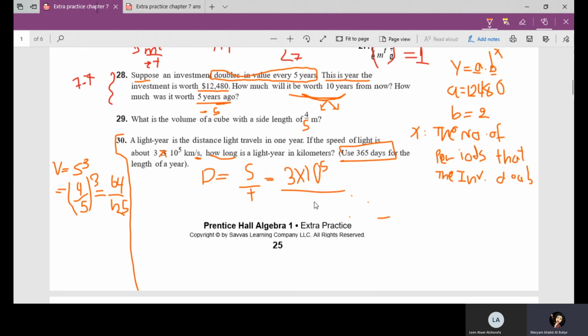Then over what? Here the time is given: 365 days, which is for 1 year. I said 1 year, but they said use 365 days for the length of the year. I'm going to change the seconds into years. From small to big, you are going to divide.